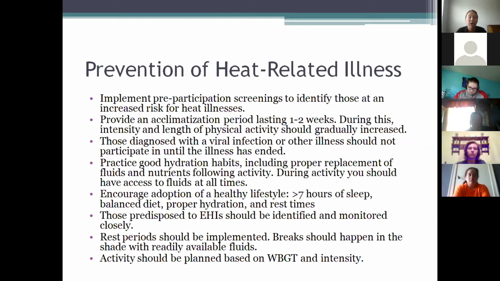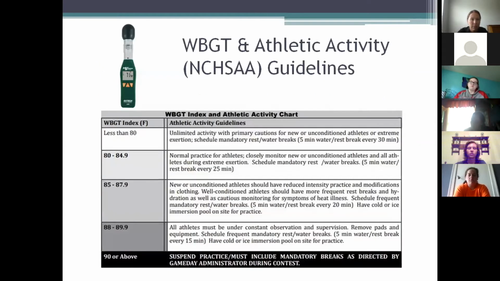And our activity plan should be based on what's called the WBGT, the wet bulb globe thermometer, and intensity. So here is a picture of one example of a WBGT unit in that upper left. And this is the athletic activity guidelines for the North Carolina High School Athletic Association, okay?